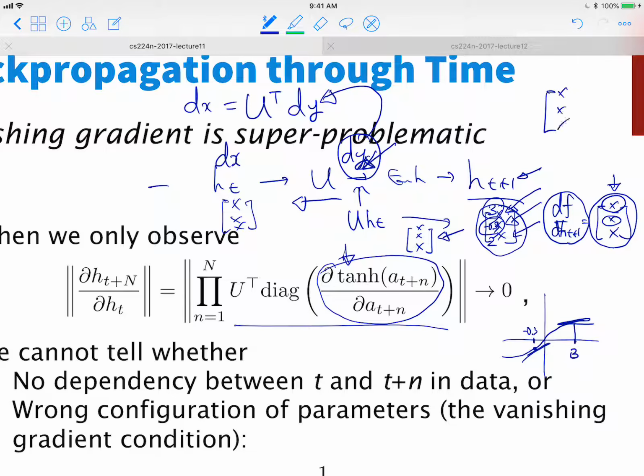Then this vector is multiplied with the u transpose, and that will be obtained as our gradient vector at dx or dh, right?